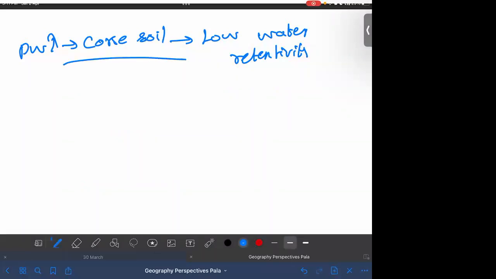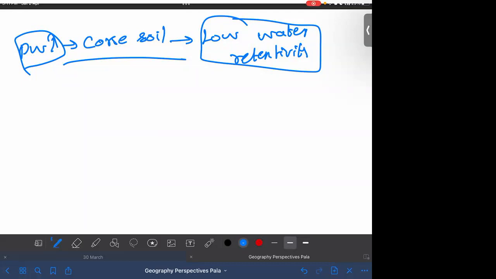So coarse soils will be dominating in the places where physical weathering happens. And when the soil is very coarse, water retaining capacity will be very less because the gap between the soil particles will be larger and the water retentivity of the soil changes. So again, another property of the soil has changed because of the climatic conditions prevailing in that region. Okay, so texture would be coarse and water retentivity would be low.